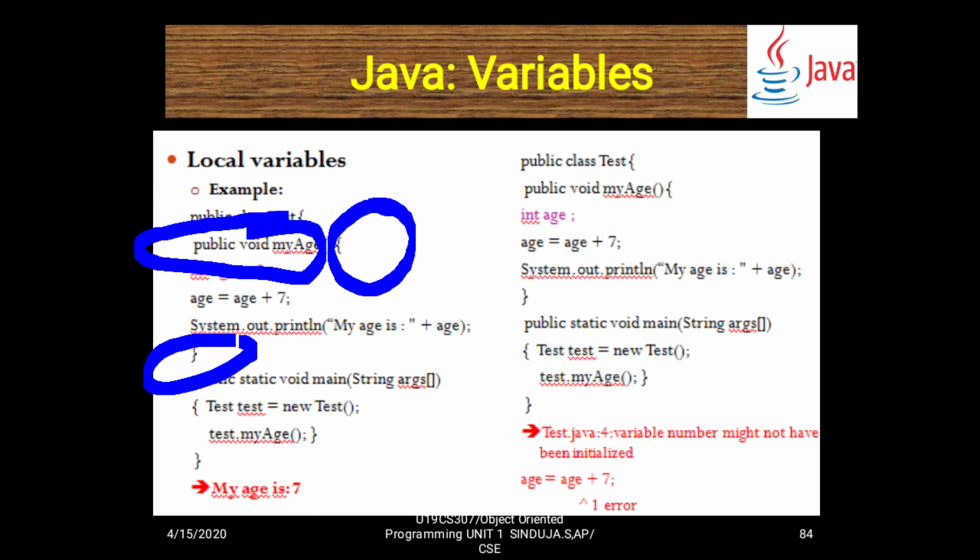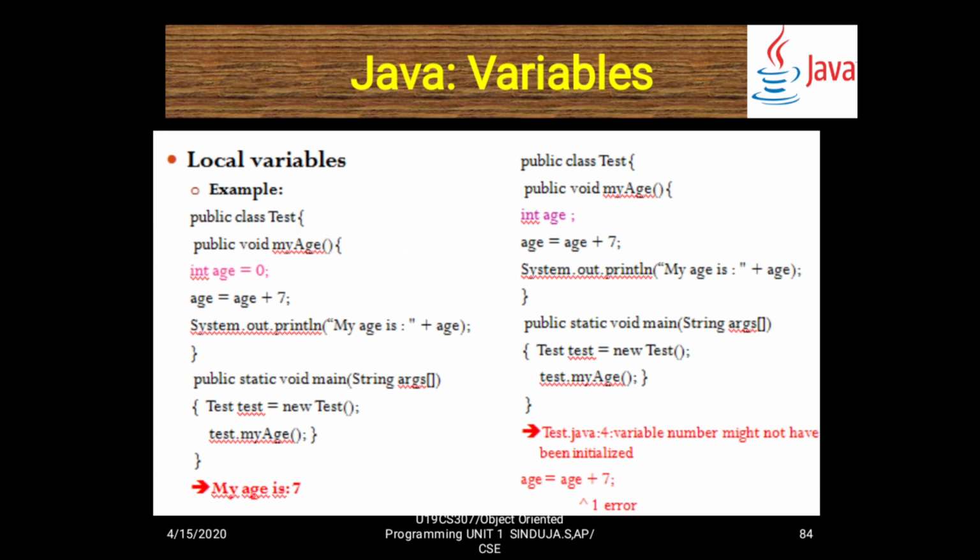So method in the sense function. So where will the local variable be located? All my local variables will be located inside of the function. Okay, so inside of the function, in the sense, within the blocks. So there only the age method is there. So I am calling this age variable a local variable.